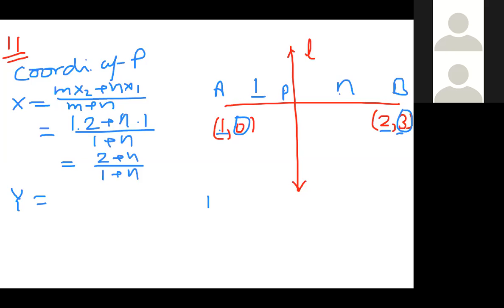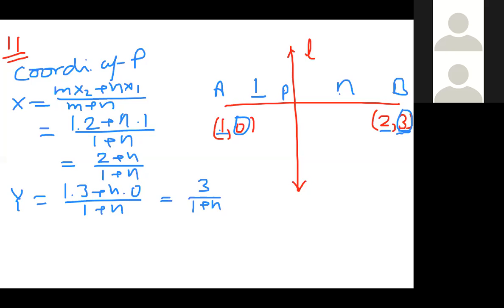Same for y: m y2, 1 into 3 plus n into 0, upon 1 plus n. So this will be 3 upon (1 plus n).